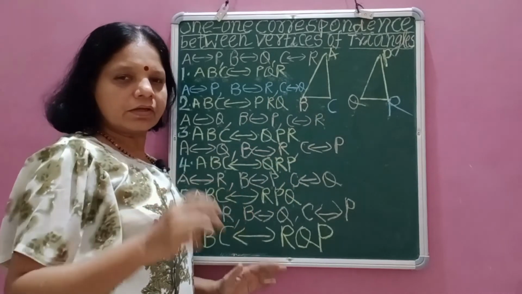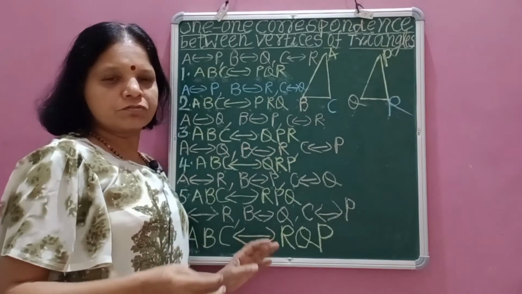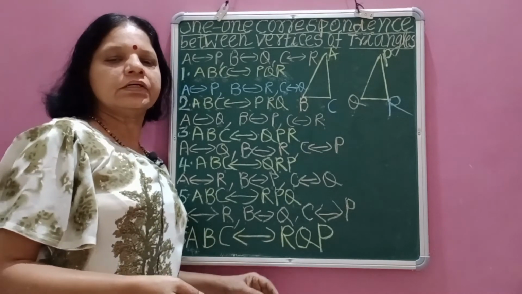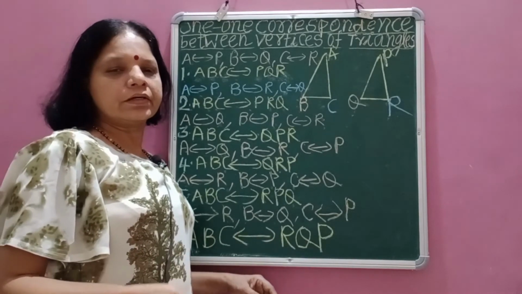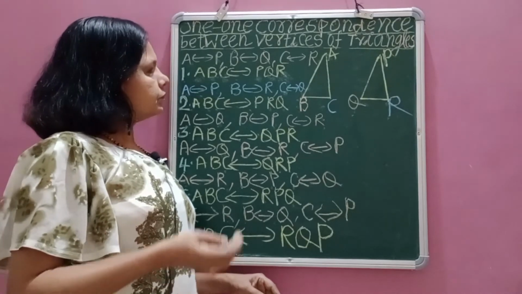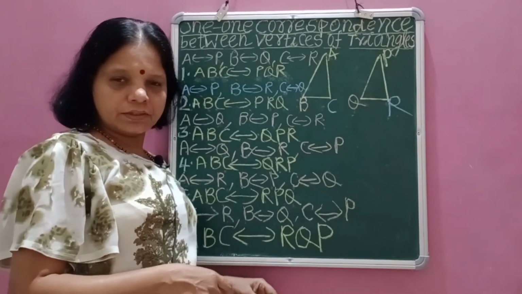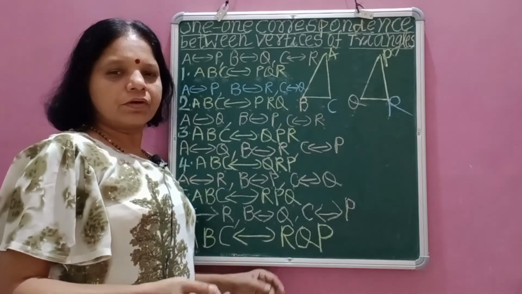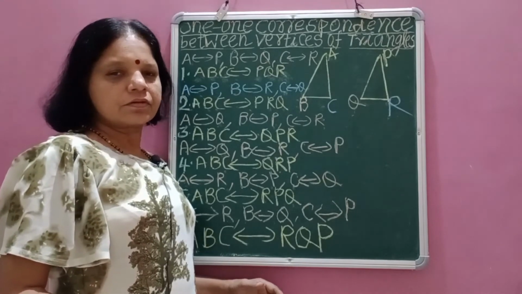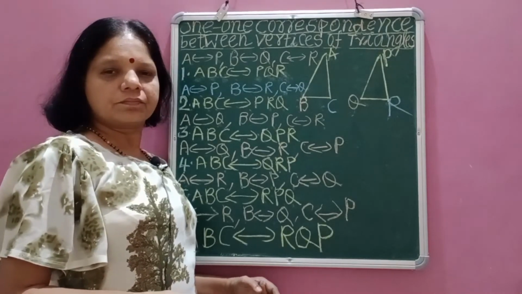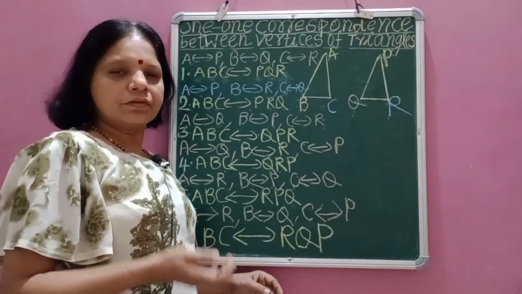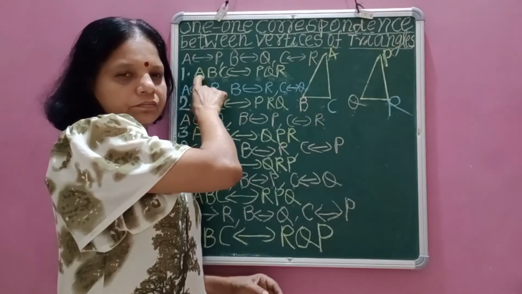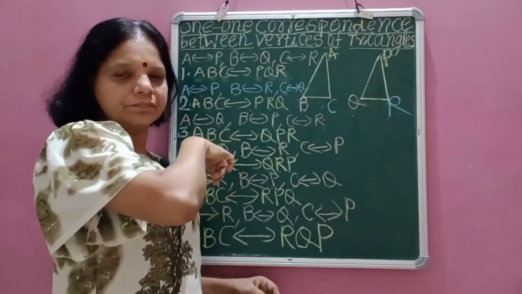In this way, we can easily get the 6 possibilities of correspondence between the vertices of two triangles, and identify the corresponding sides and corresponding angles from the given correspondence. It is very easy. I think you understood it.